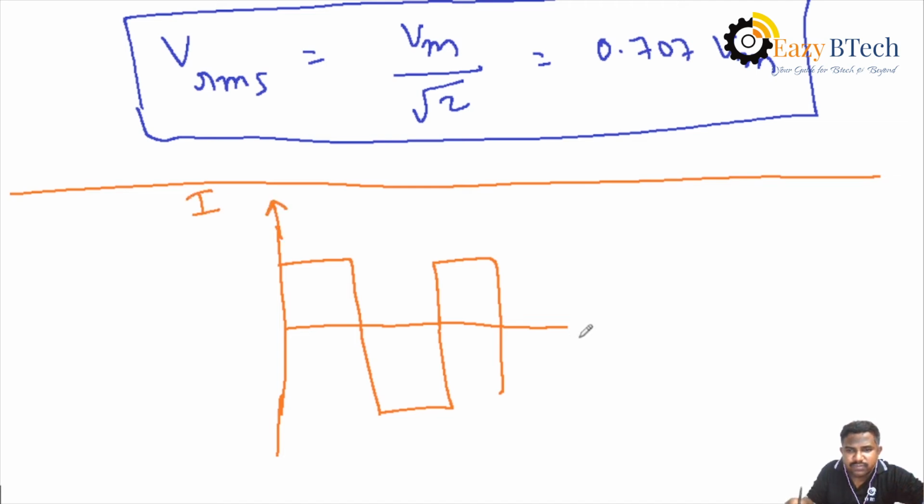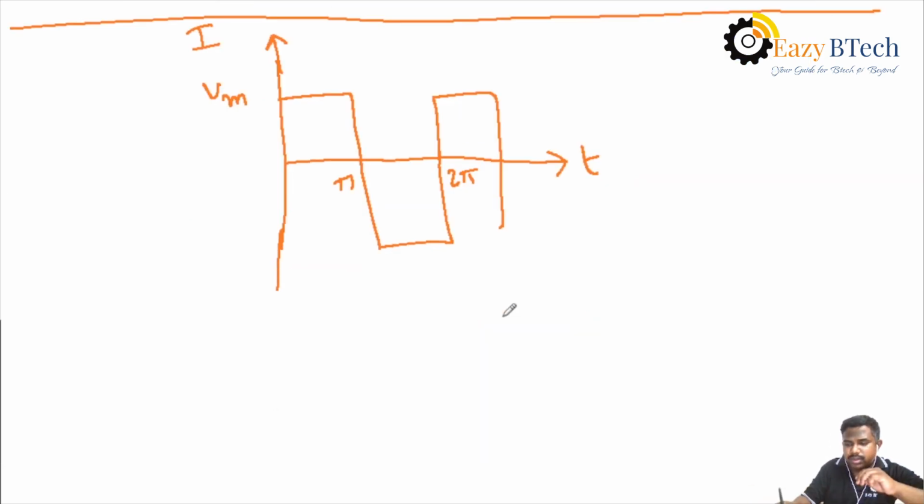Suppose this is the current waveform, x-axis t, and this is Vm, and pi, 2 pi. Here, first of all, you can calculate the value of the time period, that is 2 pi. We know over a complete cycle the average value is 0.